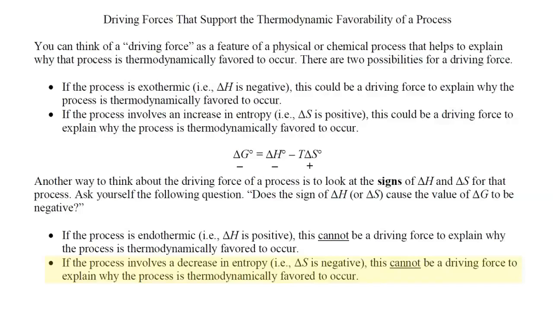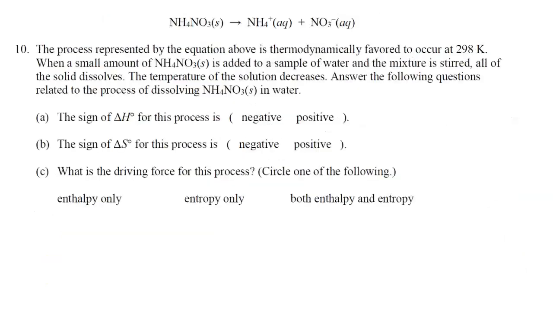So now that I've taken a look at driving forces that support the thermodynamic favorability of a process, let's take a look at questions 10 and 11 in the packet. Question 10 says, the process represented by the equation above is thermodynamically favored to occur at 298 kelvins.